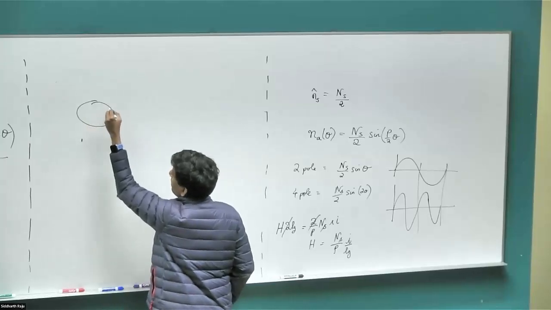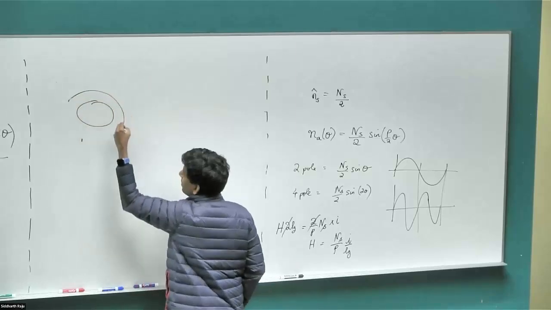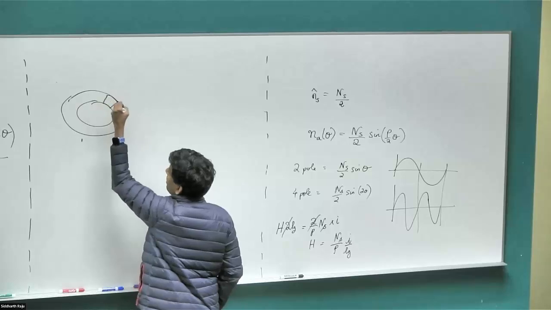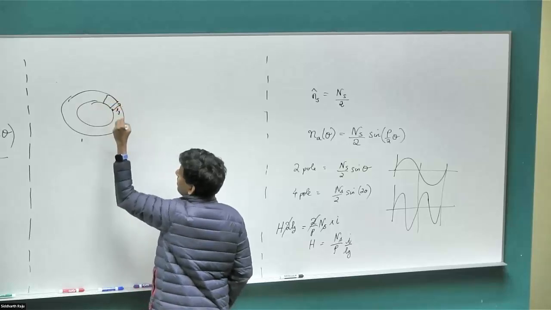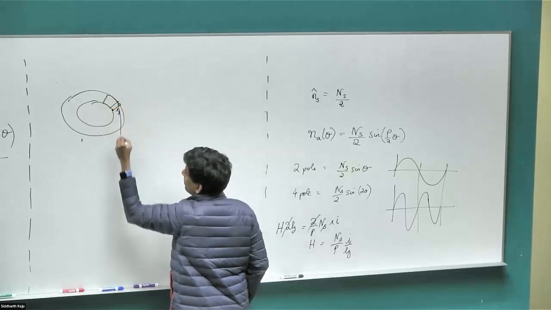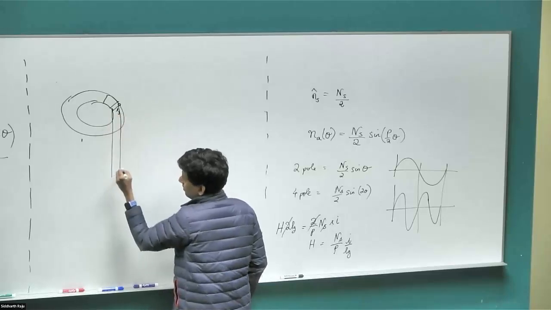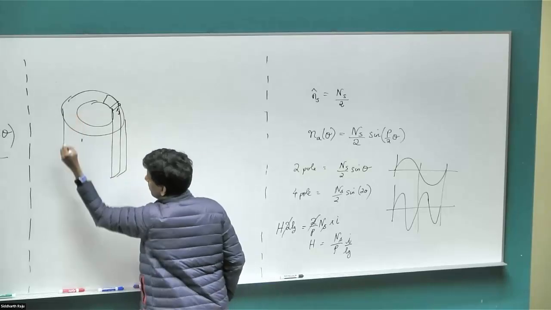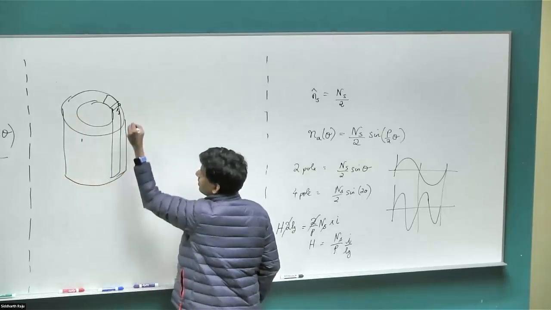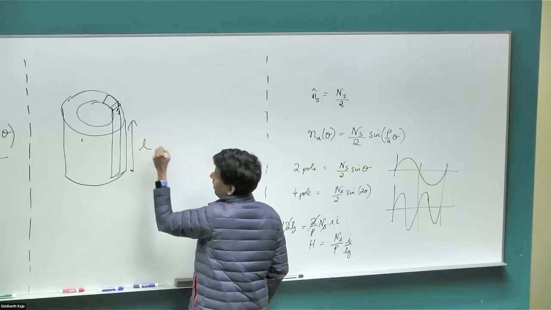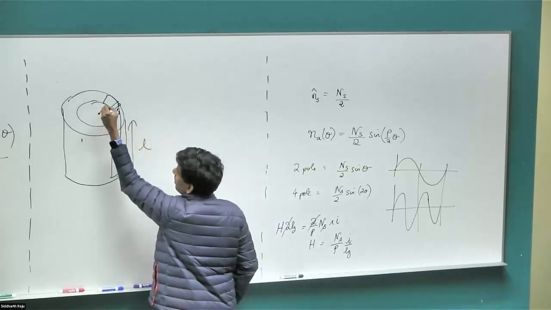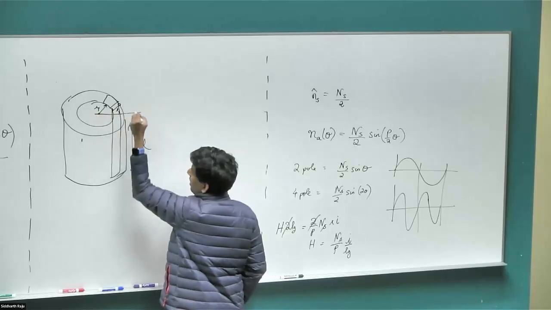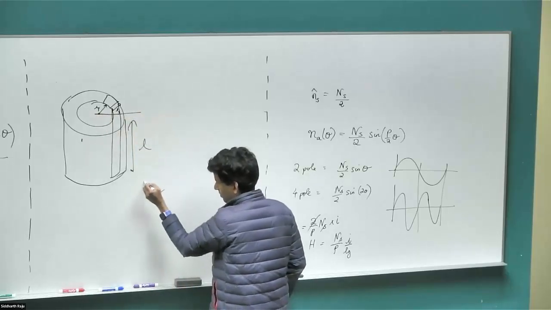So let me take a tiny cross-sectional area in the air gap. So let's say I consider this a cross-sectional area, this length Lg, and the motor itself has some vertical length. Let this length be some capital L. And the rotor radius, let's consider to be R. And it's some angle. So let me redraw it here.